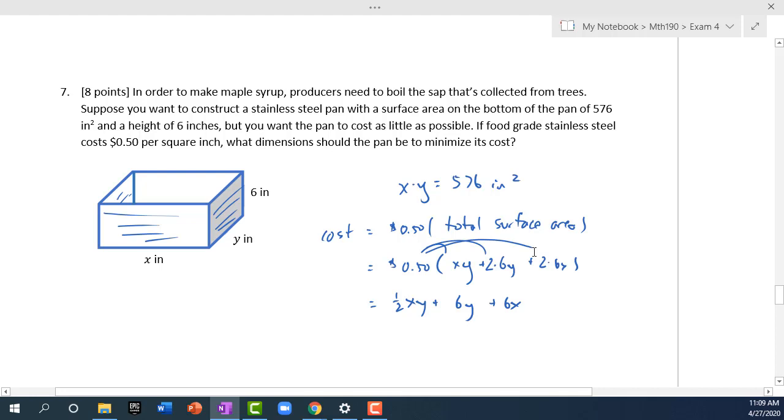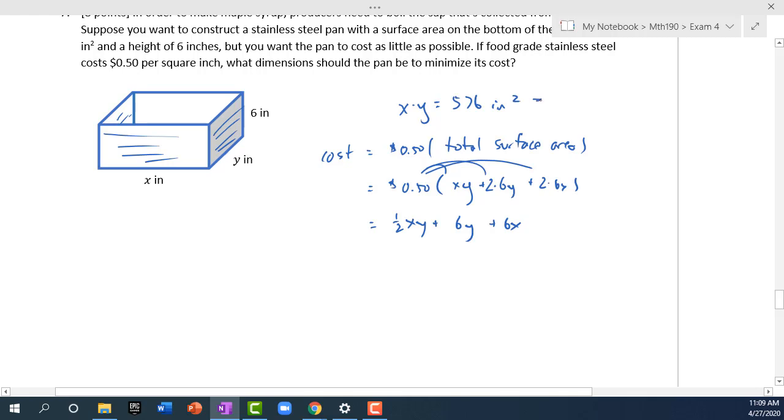That's a function of x and y, though we need a function of just one of them. So if we use our fact up here, we can say y is 576 divided by x. So then my cost now as a function of x will be 1/2 x times 576 over x plus 6 times 576 over x plus 6x.